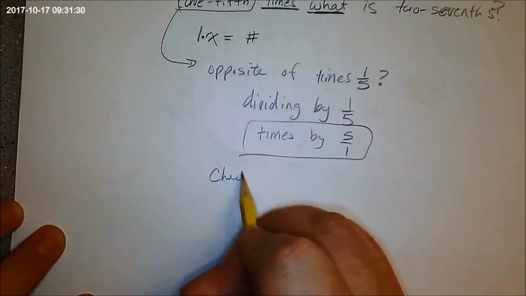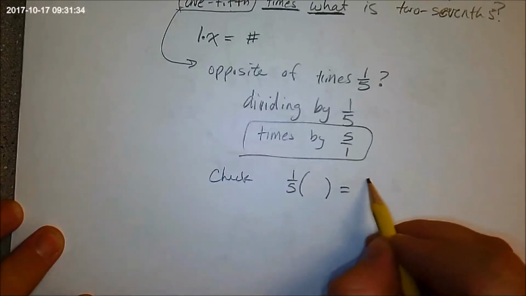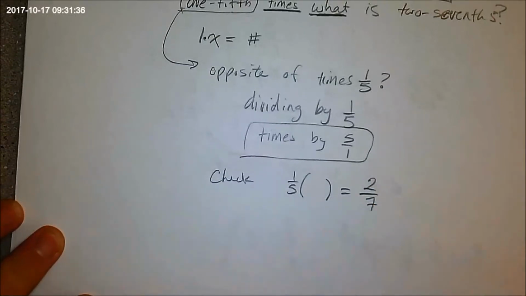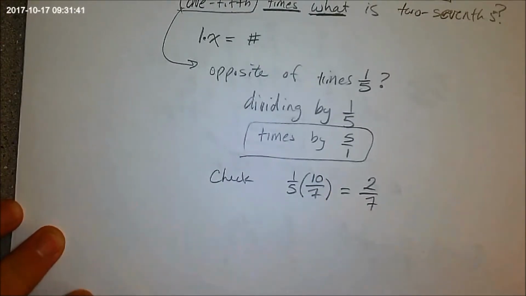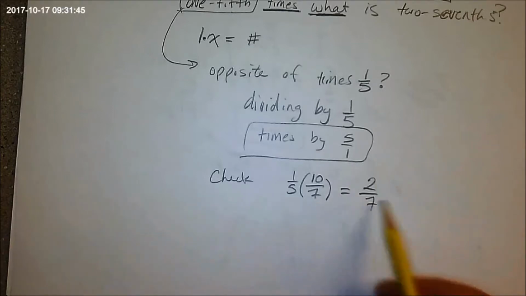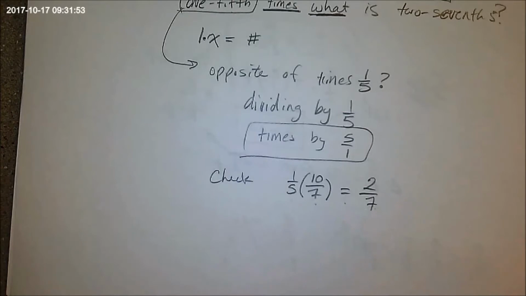Our answer was 1/5 times x equals 2 over 7, and we're saying that our answer is 10 over 7. If we're right, this will equal 2/7. Oh no, Maricela, does it? Does 1/5 times 10/7 equal 2/7? No? Because why?